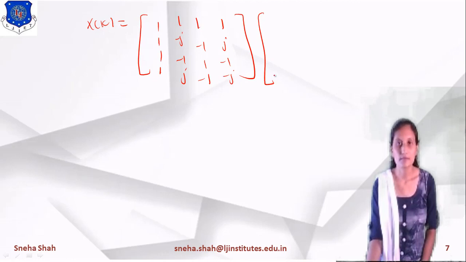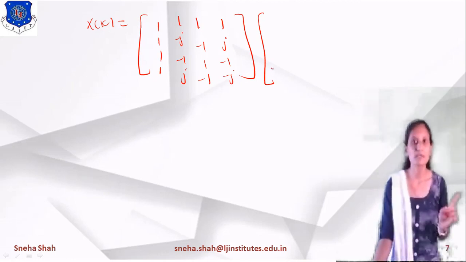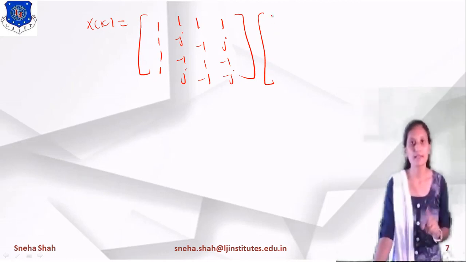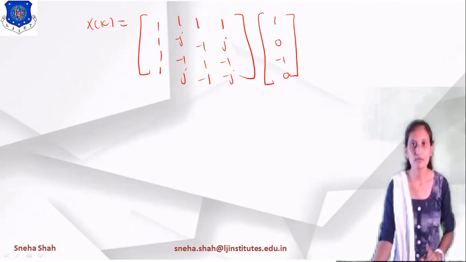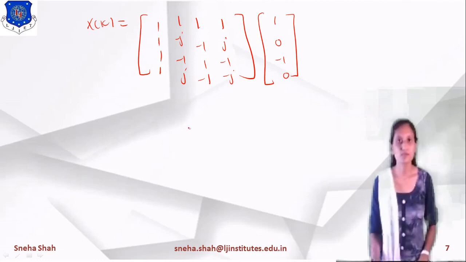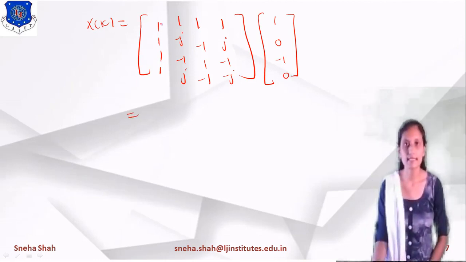Now these terms get multiplied with the input sequence x of n. What is the value of x of n? Its value equals 1, 0, minus 1, 0. Now if I multiply these two, then the answer is 1 into 1 means 1 plus 0. 1 into minus 1 means minus 1 plus 0.